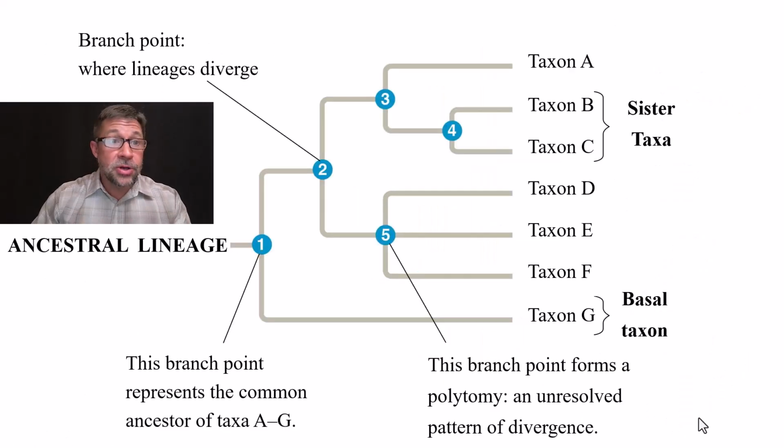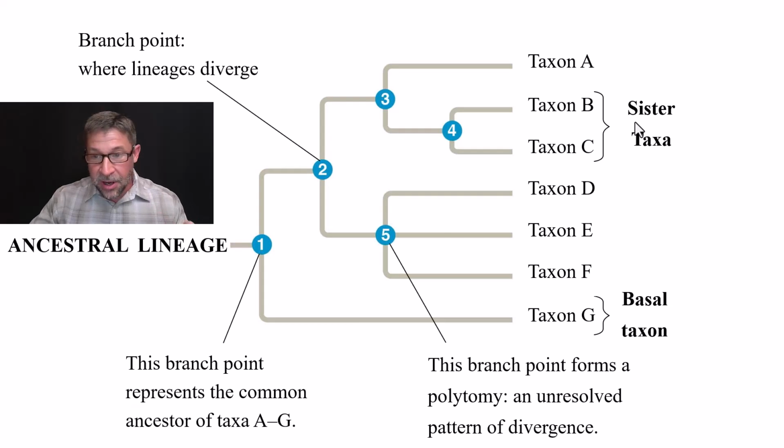Okay, a little bit of terminology that I want you to have a handle on because it's going to show up on your next assessment. Closely related species like the coyote and the gray wolf that share a recent common ancestor are known as sister taxa. So taxa is when we're talking about multiple lineages. A taxon is a single lineage.